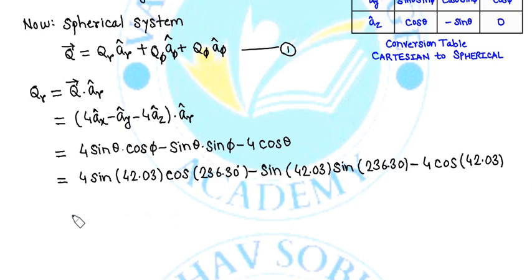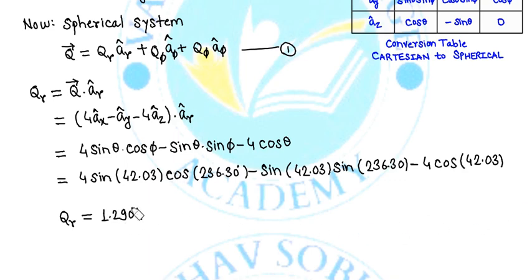is equal to this much. Sorry, that is not theta, that is Qr. I might have got confused over there. So this is what we have, that Qr, and that Qr is equal to, you will find that to be 1.2904.